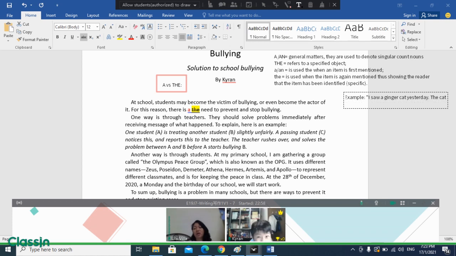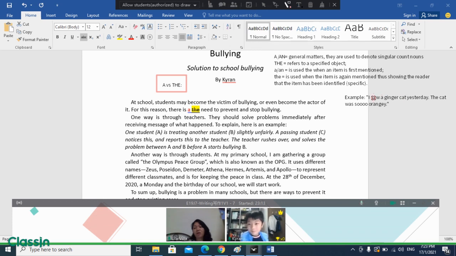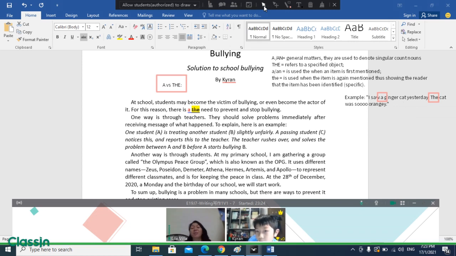The cat was so orangey. Notice the term I used, cat, the first time around, and I'm referring to the same cat the second time around, right?